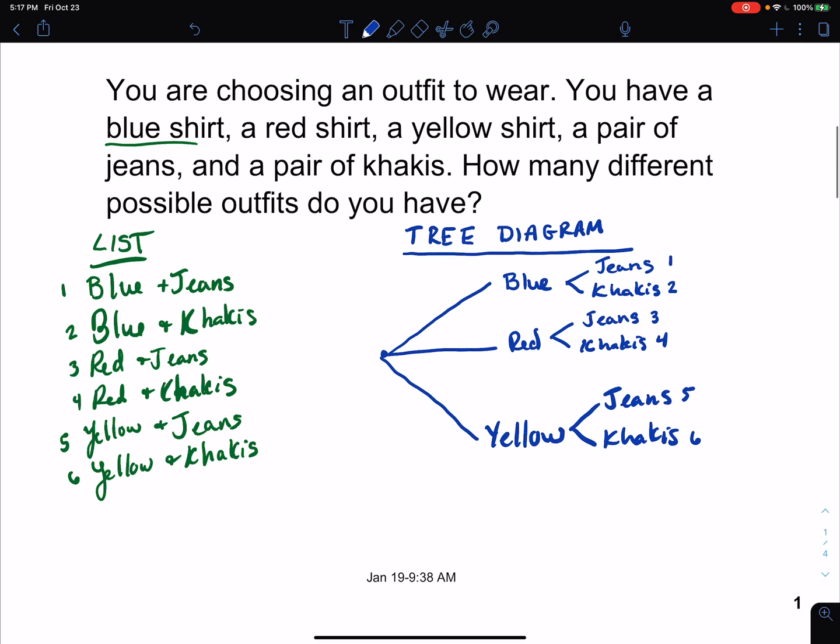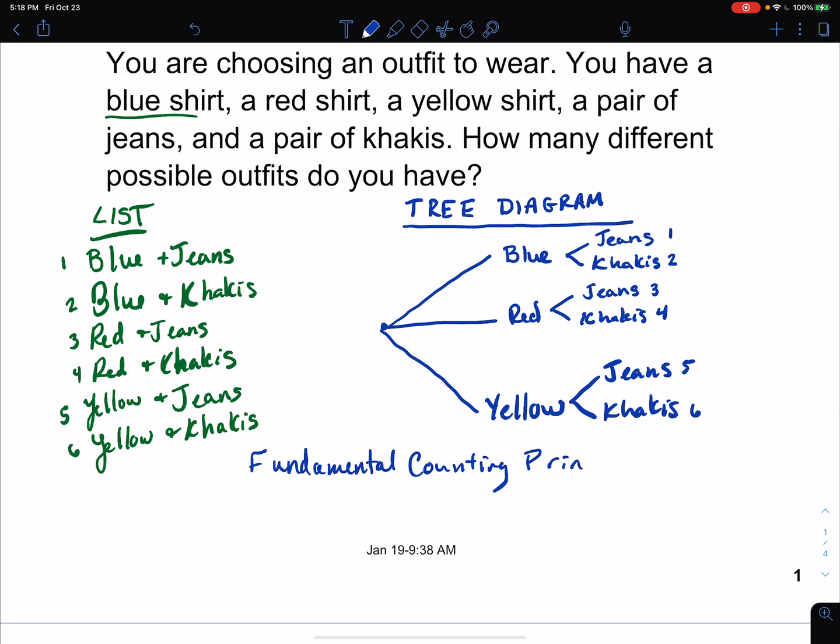Now, if we're using that fundamental counting principle, what that tells us to do is multiply the different number of options we have. So if we think about what's going on, we're really making 2 decisions. We're choosing the shirt that we're going to wear, and we're choosing the pants that we're going to wear.